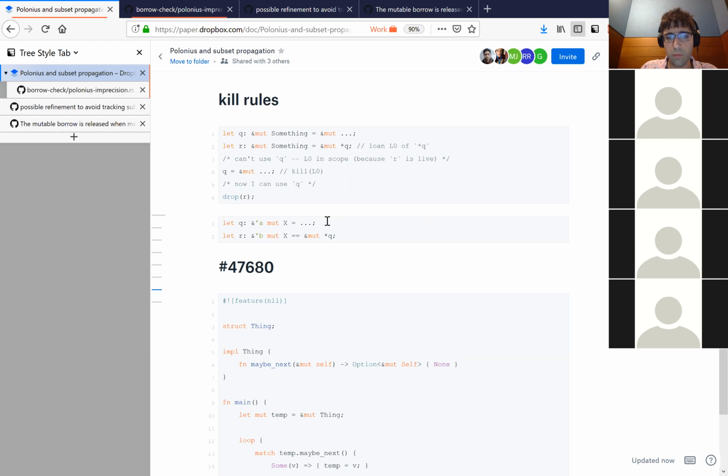When you reborrow Q, when you borrow the referent of Q, we introduce a relation that says that A flows into B. And the reason is, if you think about it, it must. The only reason that this reference R is usable is because the data it's pointing at is this X, which is the same X that Q is pointing at. So whatever loans secure X also secure B, right?